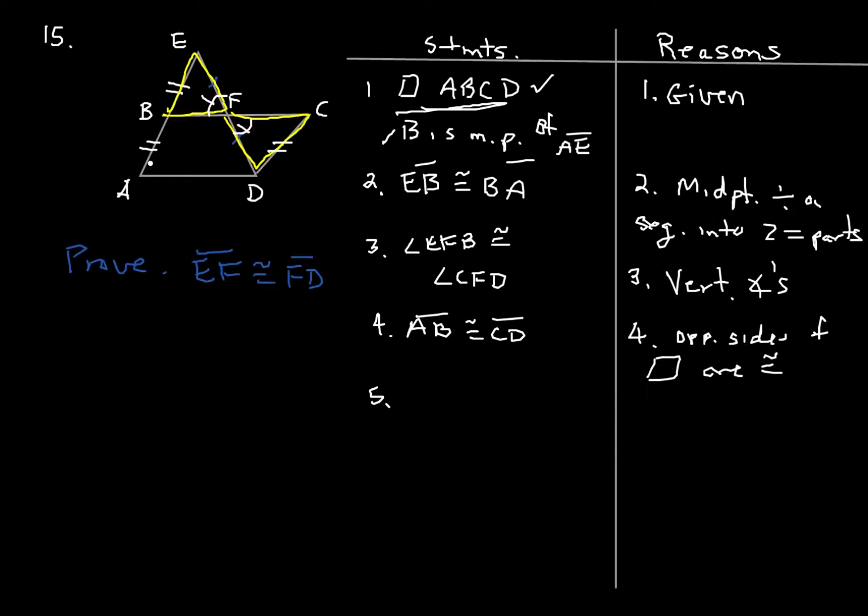BC is parallel to AD. All right, we can say that. We can say BC, and this is part of this great parallelogram stuff we have. BC is parallel to AD. And the reason for that is opposite sides of a parallelogram are parallel.